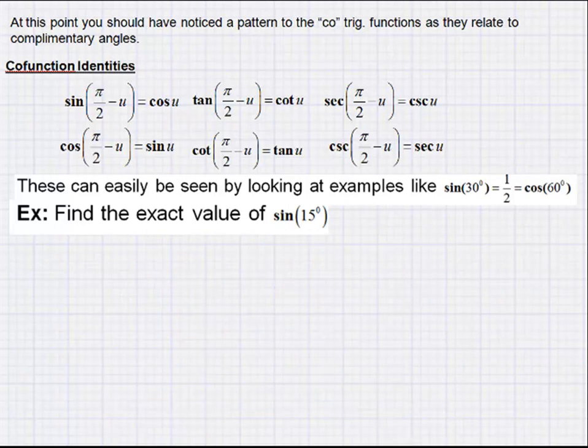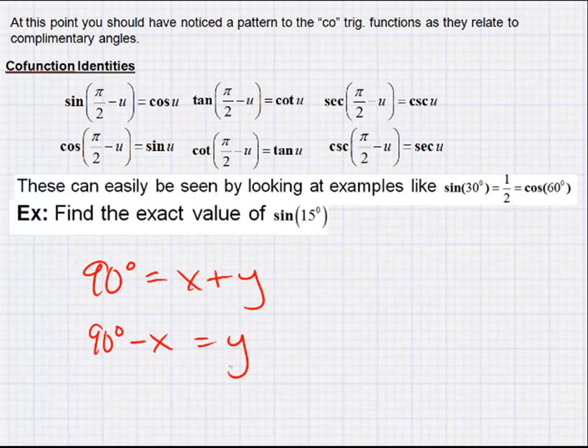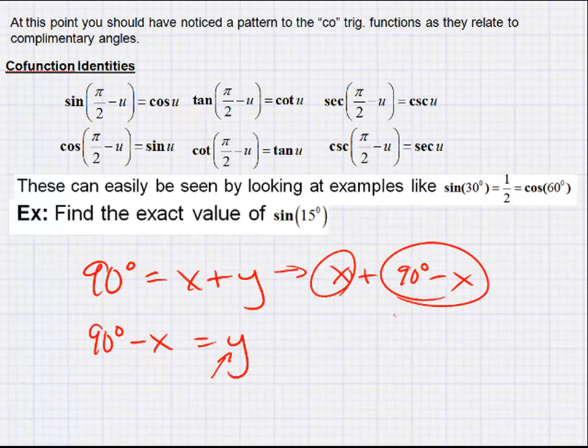So if I look at two angles that give me 90 degrees, something like this. x and y are complementary. I can write this as 90 degrees minus x equals y. So y can be replaced with 90 minus x. So I can write this as x plus 90 minus x, where this is one angle, this is the complement.